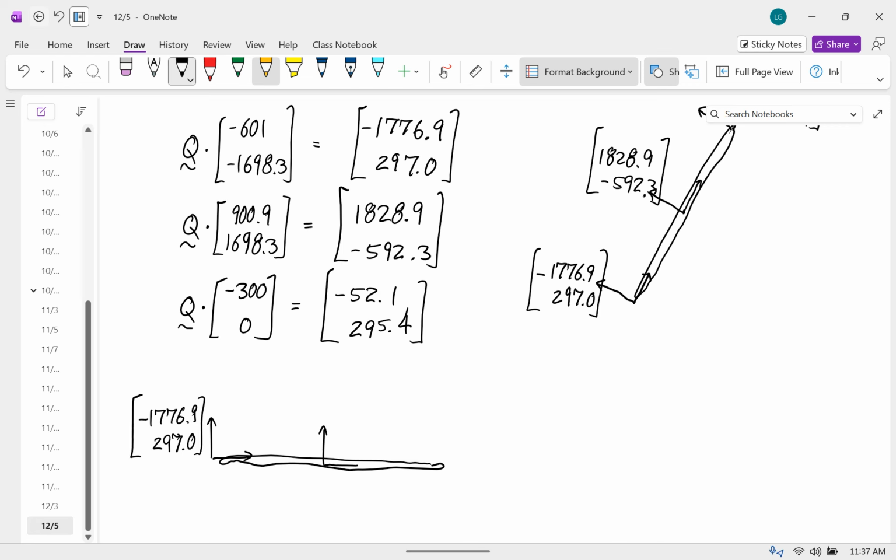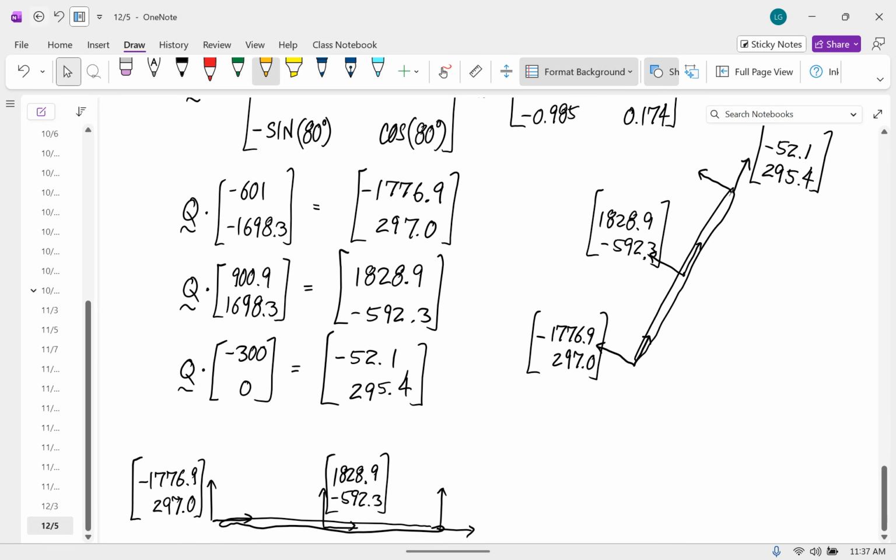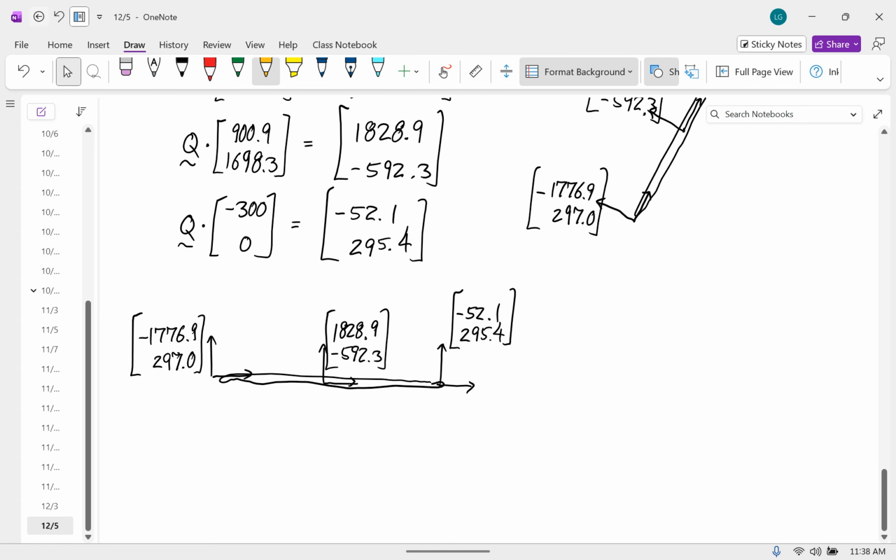In the middle, we have 1828.9, negative 592.3. And at the end, we have negative 52.1, 295.4. Okay, so now that's just an easy internal loads problem.